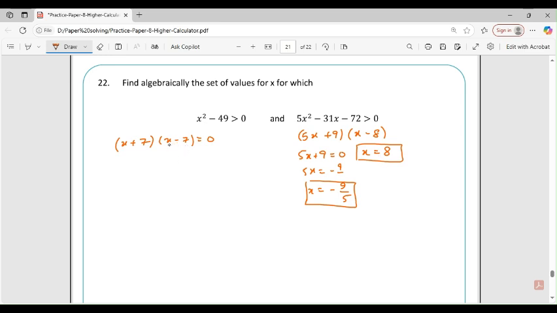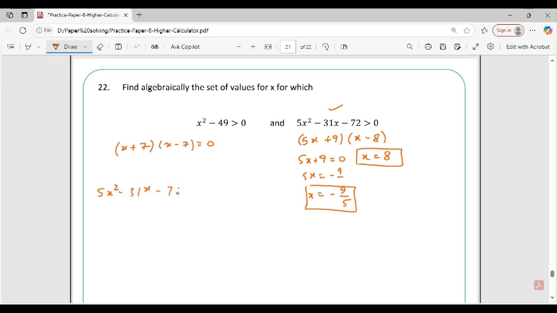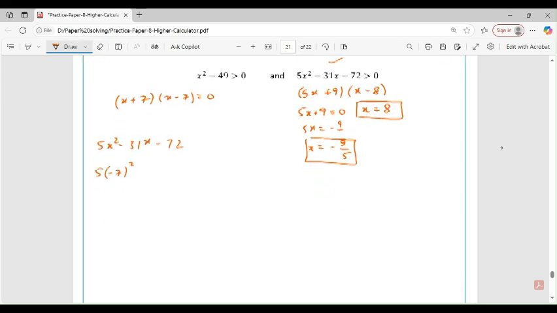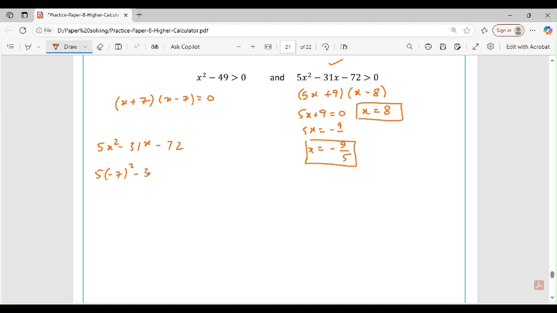First I am going to use negative 7 for this expression, 5x squared minus 31x minus 72. Since I'm using negative, it is 5 times negative 7 squared, and then comes negative 31 multiplied by negative 7, minus 72.